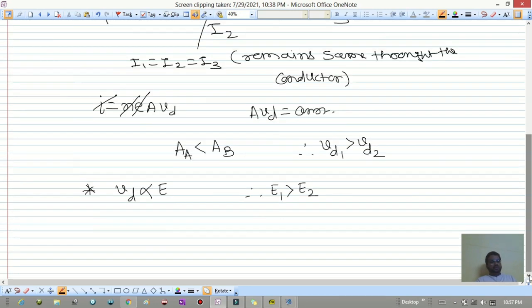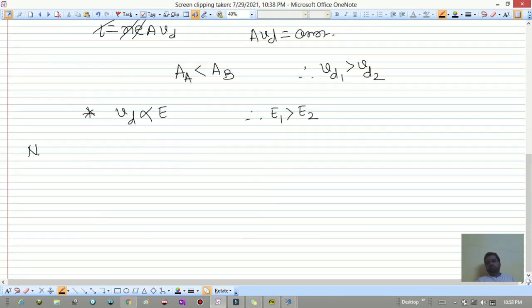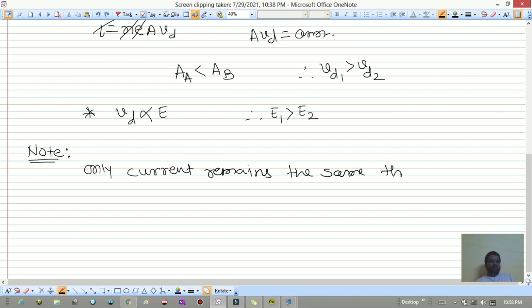So you can write a note: only current remains the same throughout the length of the conductor.